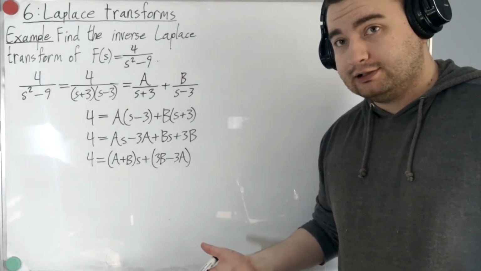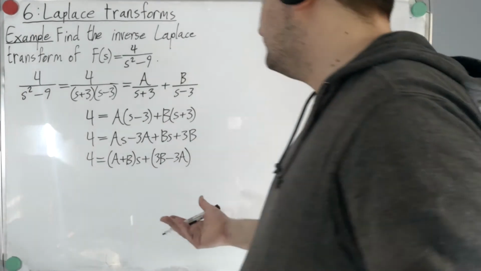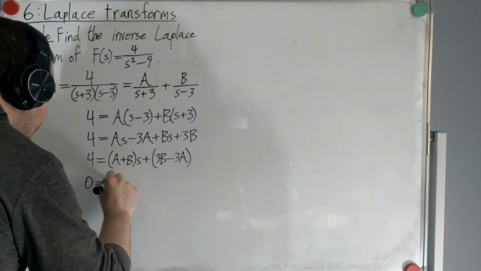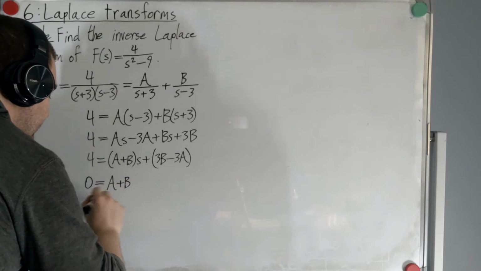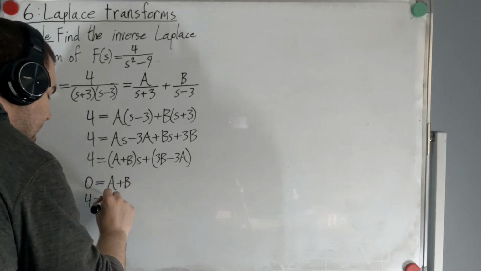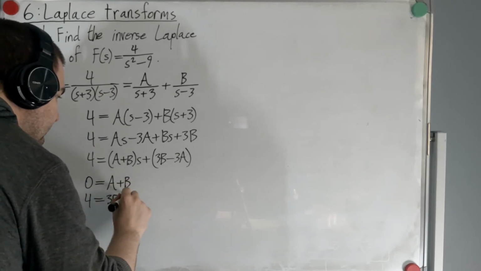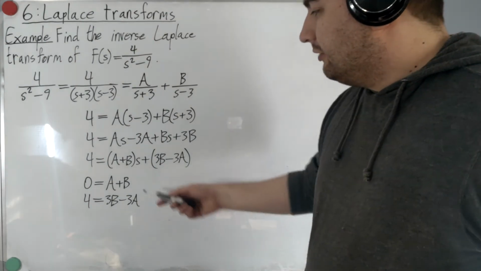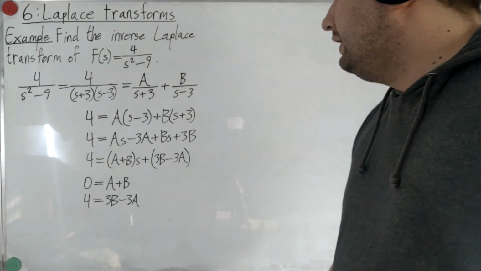That sets up for us a system of two equations that we can solve for A and B. 0 equals A plus B, and 4 equals 3B minus 3A. I'm going to multiply the first equation by 3.